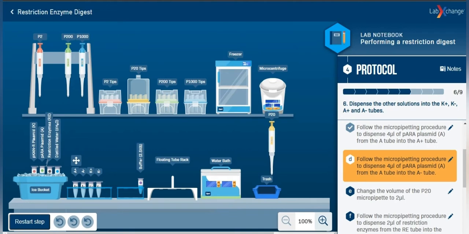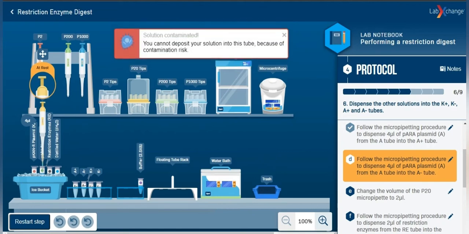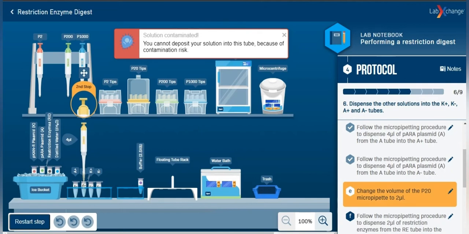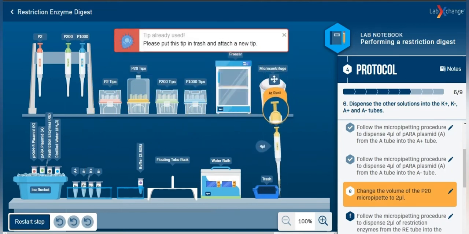And then follow the micropipetting procedure to dispense 4 microliter of pARA plasmid A from the A tube into the A minus. Eject the tip, throw it into the waste container.